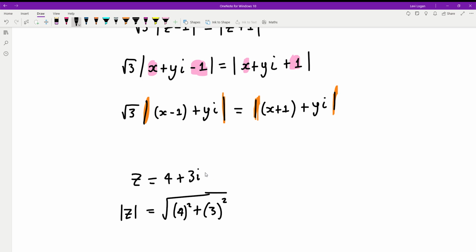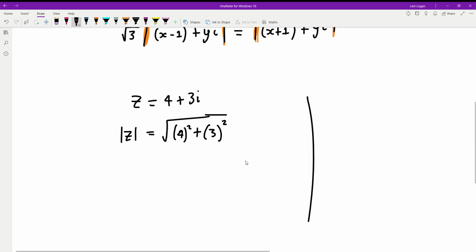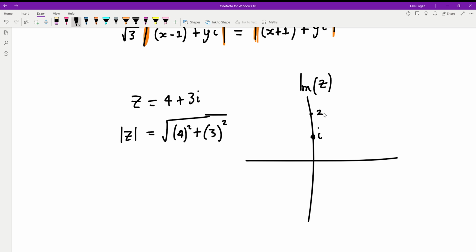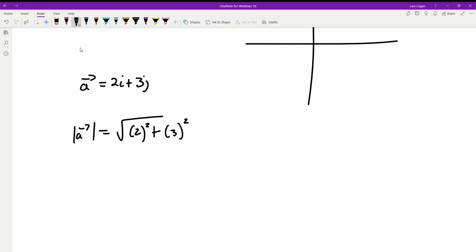You don't include the i because on an Argand diagram, that's built into its axis, the imaginary axis. It's like with a vector, if you had the vector A is 2i plus 3j, when you take the length of that, you're not including the i and the j. You just do 2 squared plus 3 squared.